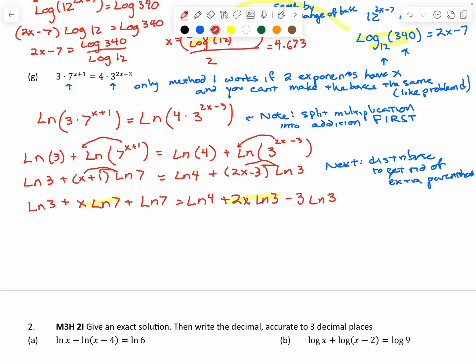So I'm going to take x ln 7 minus 2x ln 3. And I'm going to subtract off the two that are on the side that should just be x's. Okay. These two should combine into negative 4 ln 3s.